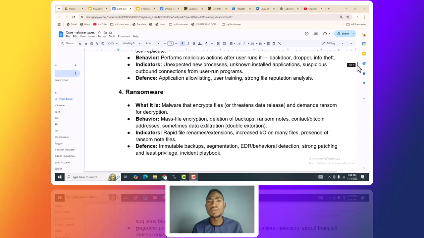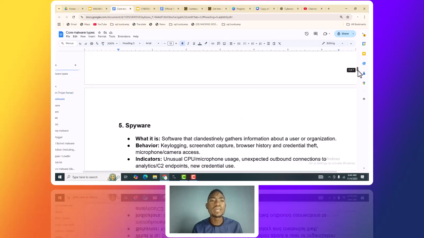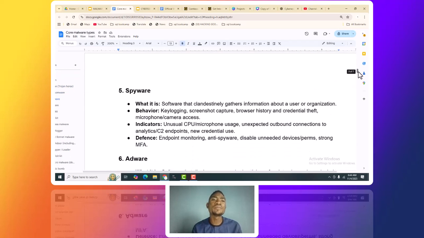So ransomware is one of the malware, and another one is called spyware. Spyware is software that gathers information about users and organizations. Examples of spyware are keyloggers. So it also does key logging, screenshot capture, browsing histories, and even credential theft. These are some of the things that spyware does.